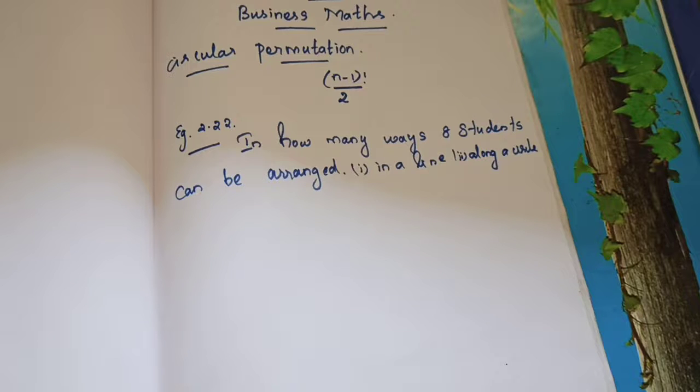The page number may differ in your book. In section 1.25, circular permutation, put the heading. First copy this line, then the note above it: circular permutation of n different things taken all at a time is equal to (n minus 1) factorial. Afterwards take the note, and then you can write this example.